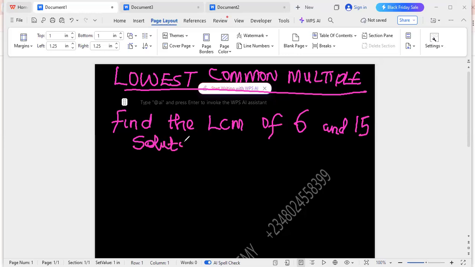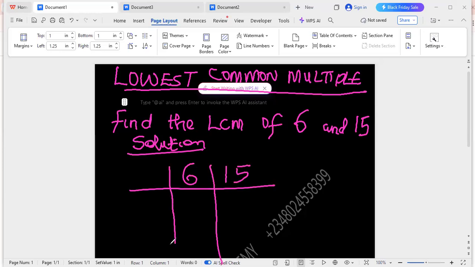Solution. So we write 6, then we write 15. Now let's get the LCM. The smallest number that can divide any of these is 2. 2 in 6, that is 3. 2 in 15, impossible, we write 15.